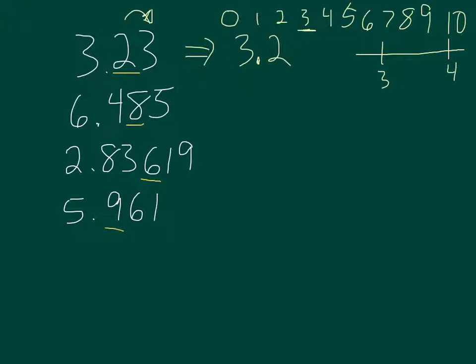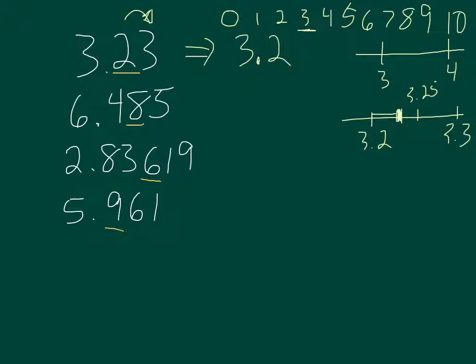We want to round it to the nearest tenth, and 3.2 would be the nearest tenth. So really, the number line you would look at would be 3.2 and 3.3. Then you have 3.25 in the middle. And 3.23 would be about there, which is closer to 3.2. So we're going to round it to 3.2.